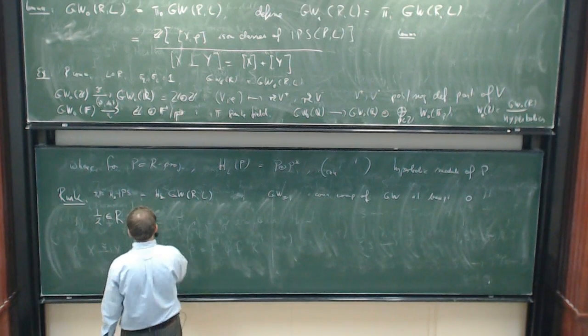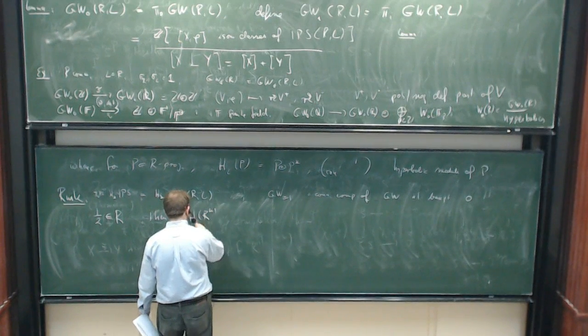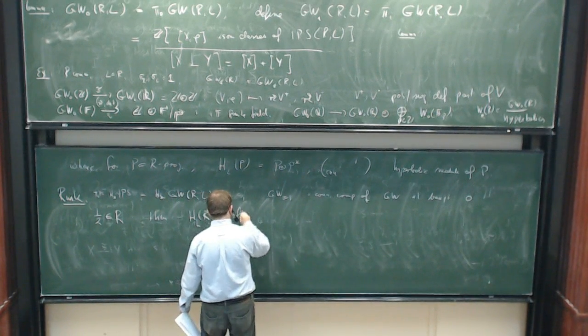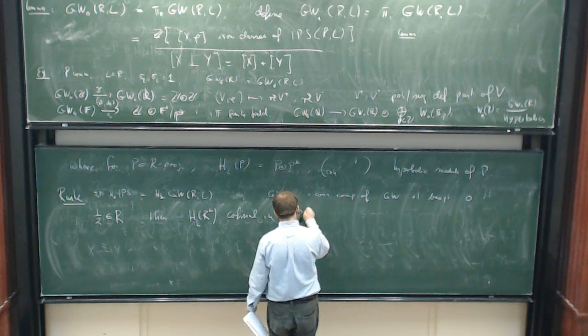If 2 is invertible, then Hn is cofinal in the category of inner product spaces.